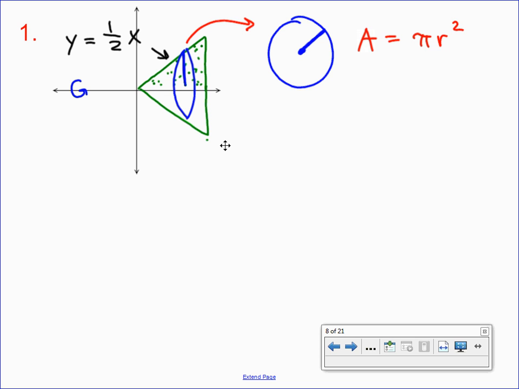Hey, that's great news, because then my area formula can be rewritten as an area function. My area function is going to be pi radius squared, and the radius is that blue line segment which connects the top curve y equals 1/2 x down to the bottom curve y equals 0, so that's just 1/2 x.